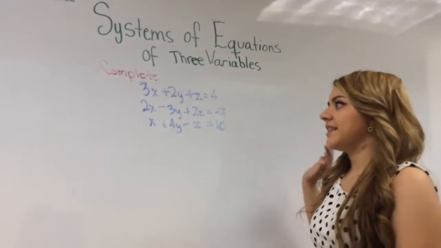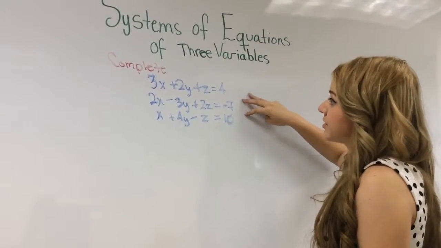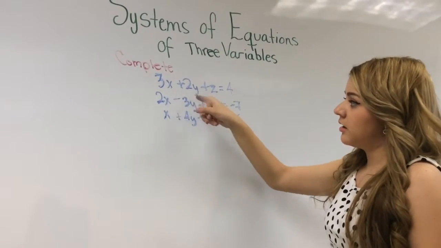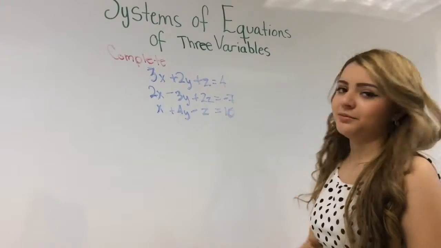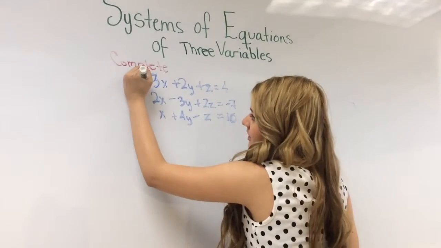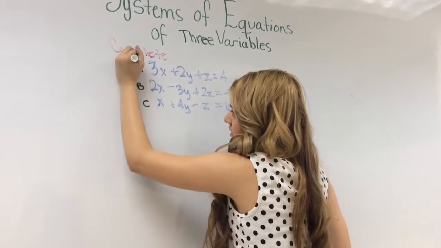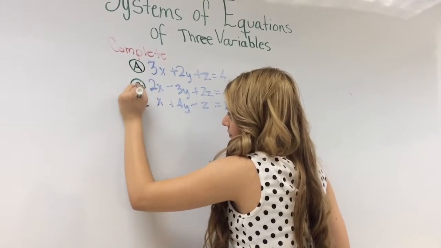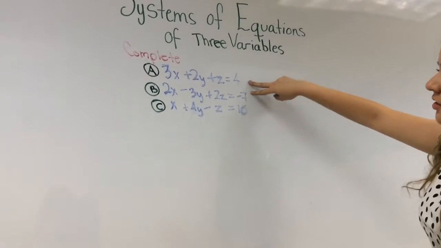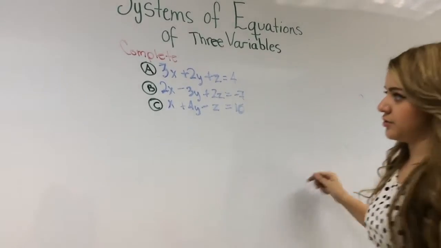Now we're looking at the complete case, in which we have equations of three variables with the same variables. So we're going to classify these A, B, and C right here. First step is to get one pair, either AB, BC, or AC, of your choice.